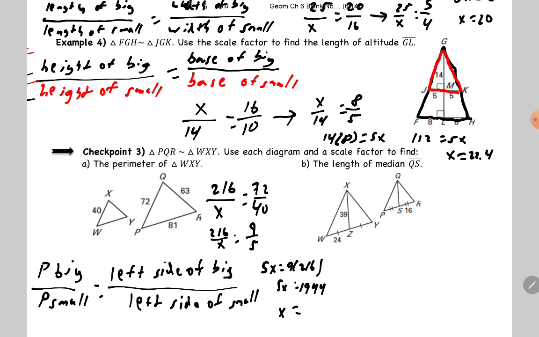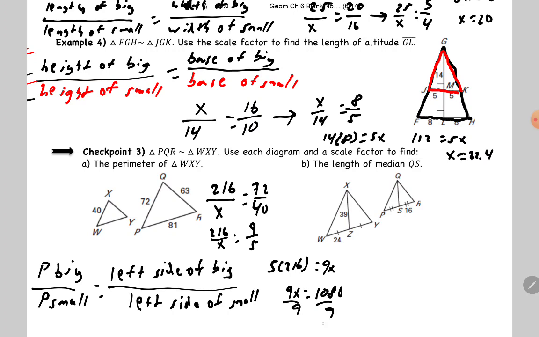Perimeter of the big. Did I do something wrong here? Oops. I cross-multiplied incorrectly. When you cross multiply, it's 5 times 216 equals 9x. So 9x equals 5 times 216, which is 1080.